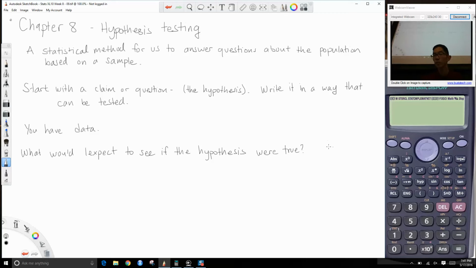Okay, and so we can call this the expectation. And the data will be our reality, I guess. Okay, and then you would compare the expectation versus the reality, okay?